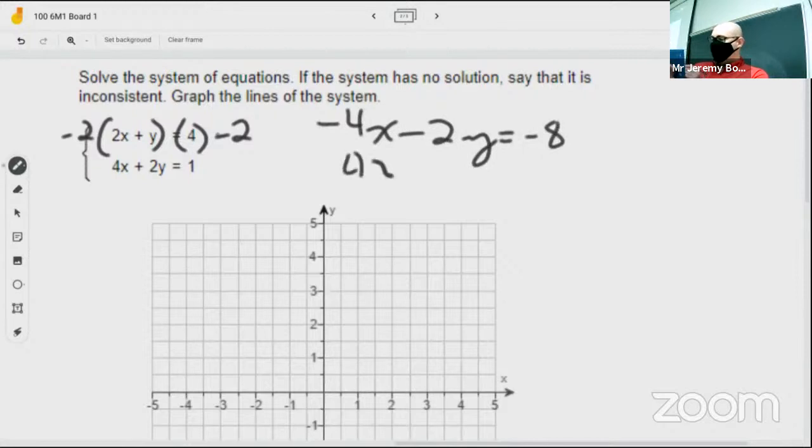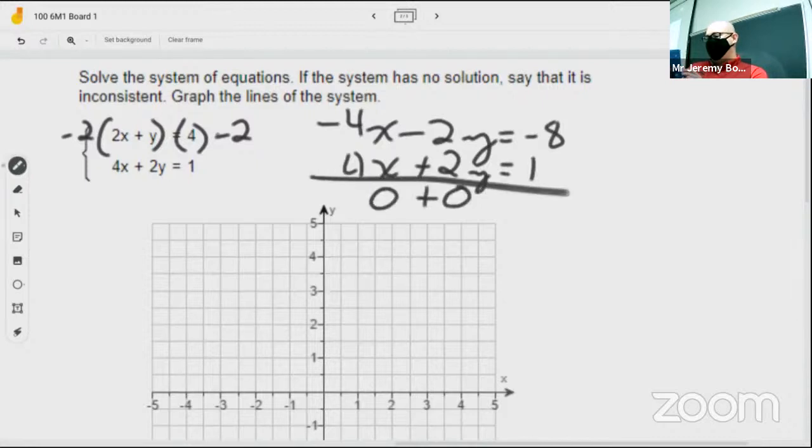And we have the 4x plus 2y equals 1. And so when we do that, we have 0 plus 0 is equal to -7. So 0 is equal to -7, which we know is not true, right?